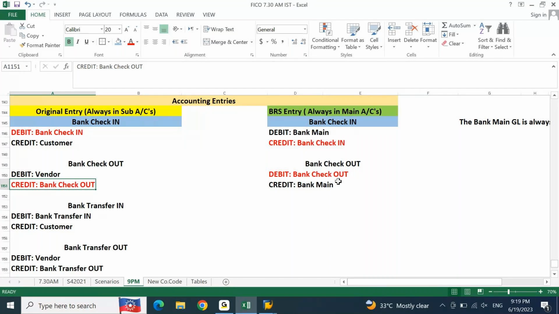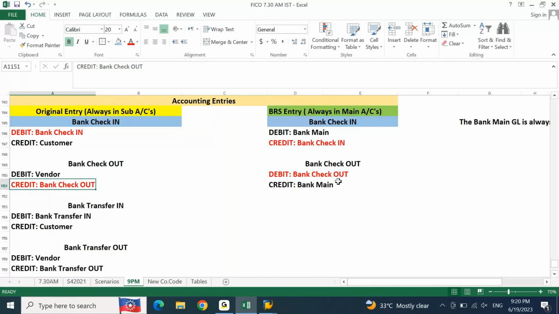You will decide at what interval you have to perform BRS. Most likely this will be a weekly activity, but you must complete this by month end. During the month, based on the availability, based on the transactions, it is up to you, but you must complete this by month end.